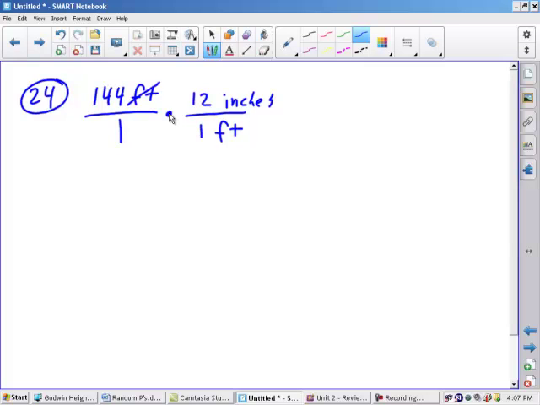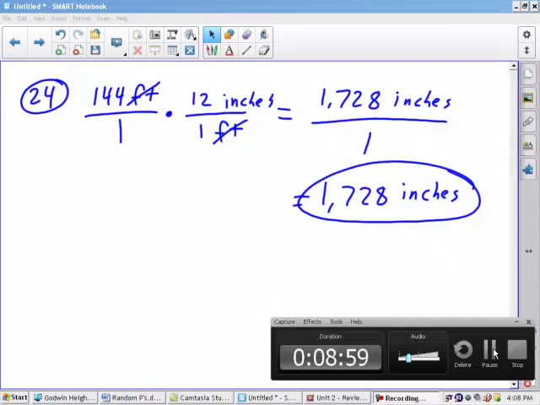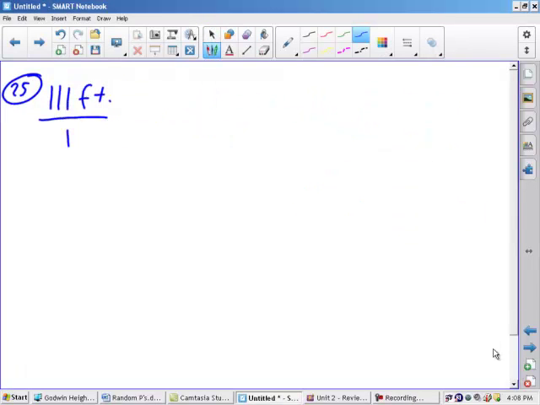And what happens is the units for feet cancel out, and all you're left with is inches. So what I need to do is multiply on top 144 times 12, and you actually get 1,728. You're left with inches over 1, and that actually is just 1,728 inches. And you're done.